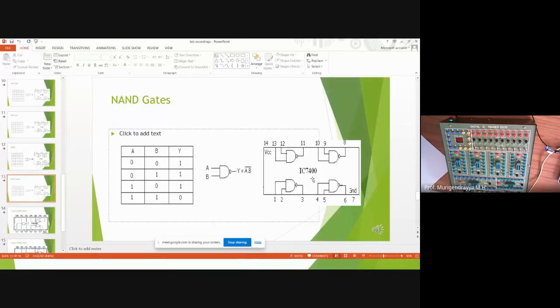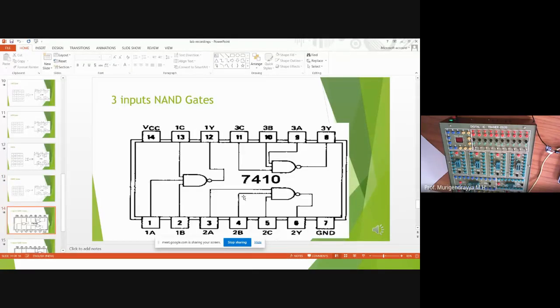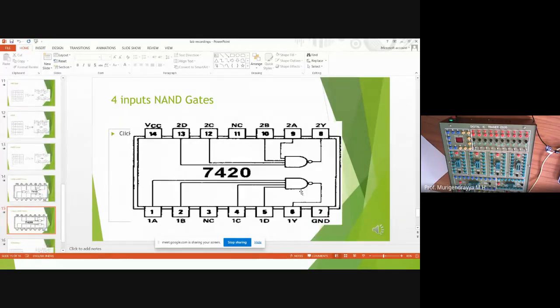If you want to use a 3-input NAND gate IC, there is an IC number 7410. See here, 3 inputs are there, and the total number of gates integrated in this standard 7410 IC is 3 NAND gates. Then 7420 has 2 NAND gates integrated into this IC.